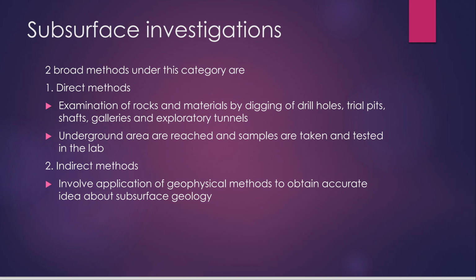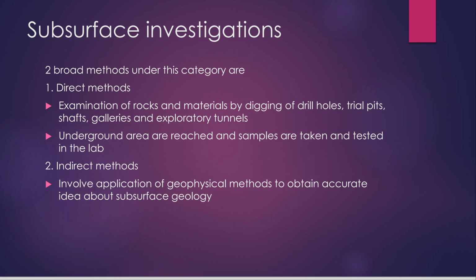So in the direct method, samples are collected from the drilled holes, pits, galleries and exploratory tunnels, and these samples are tested in the lab. The second type of subsurface investigation is the indirect method.